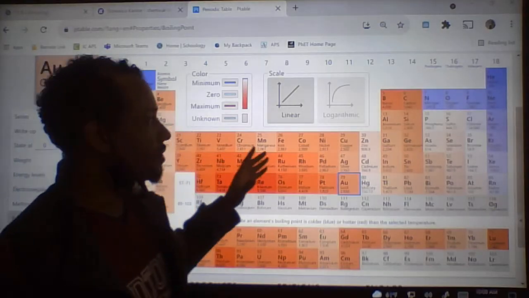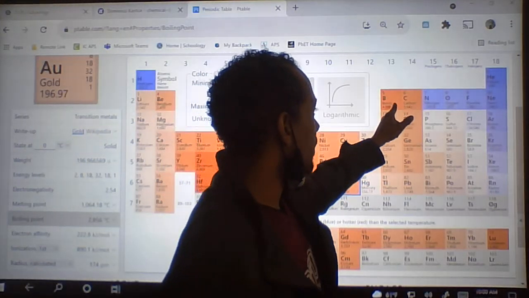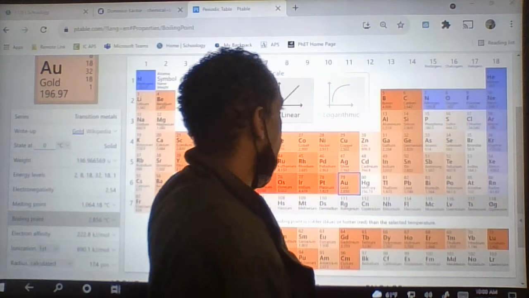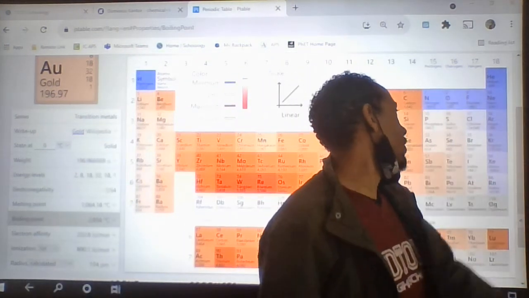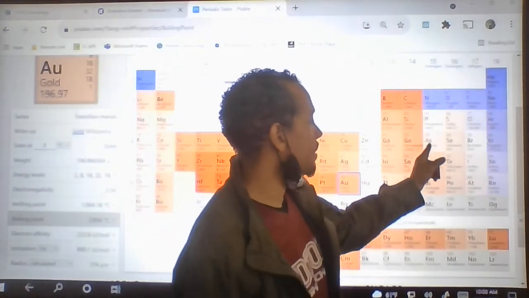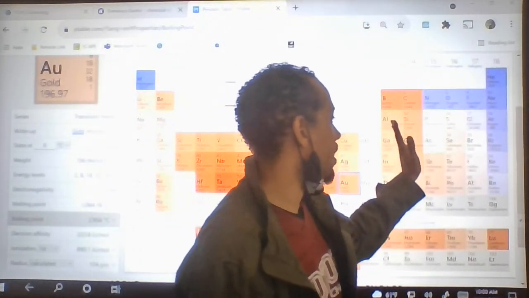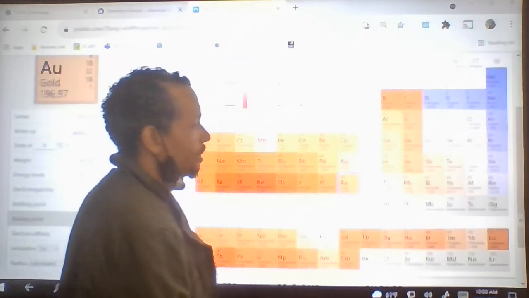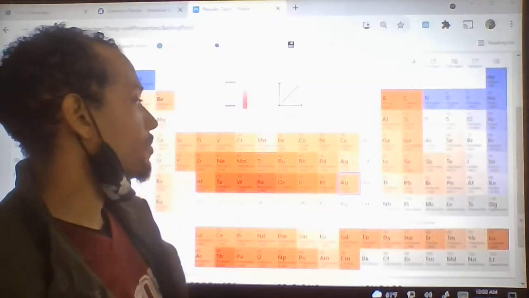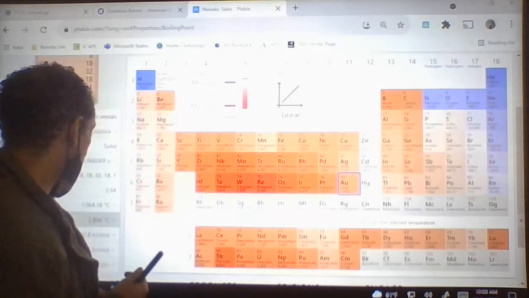All of these are earth metals. So I start my metals from boron, aluminum to the left. Non-metals are going to be carbon to the right. Typically, our semi-metals and our metalloids are more non-metal than metal. But something like silicon is used in computers. It has properties of both metals and non-metals.